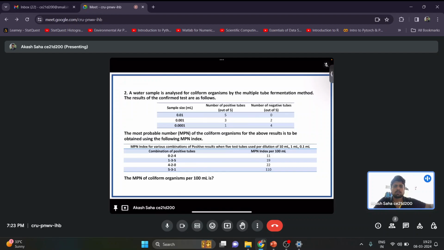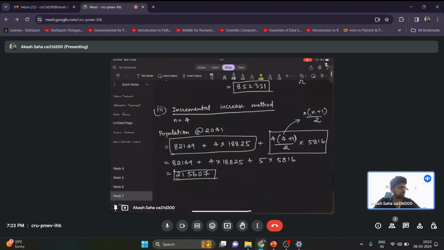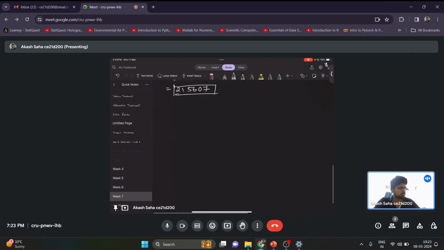So if you talk about just the multiple tube fermentation method, I will just give a brief. Suppose we have three sets of test tubes. In each set we have five test tubes.